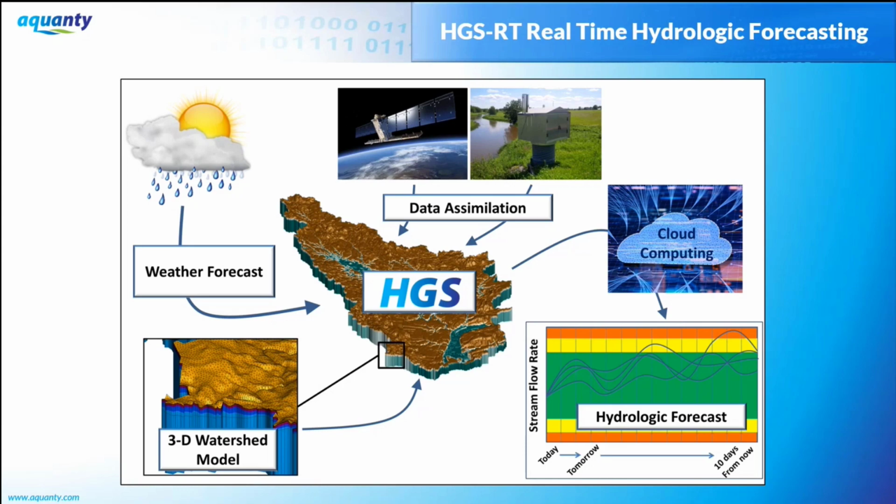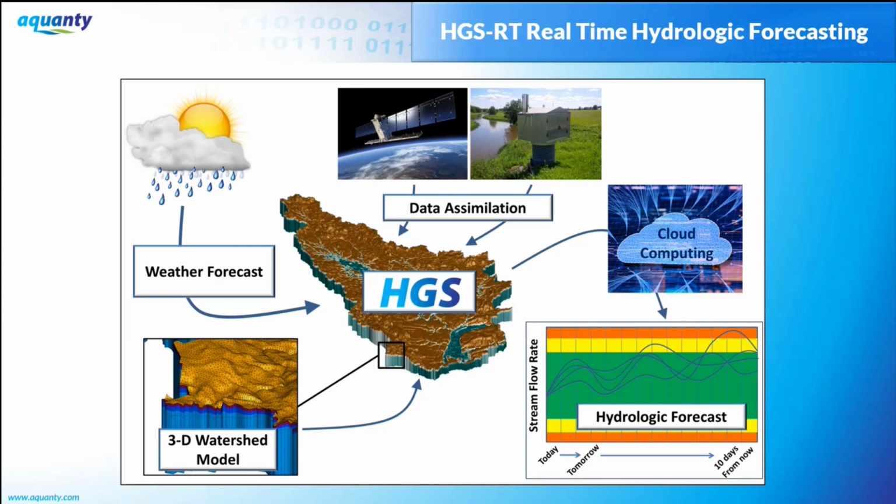So at the heart is a HydroGeoSphere model of a watershed or a basin, for example. We have weather forecasts coming in as feeds. We don't just use one weather forecast, we use an ensemble, because then you can get from an ensemble of weather forecasts, which are uncertain, some idea of the uncertainty in our hydrologic forecast. So HydroGeoSphere is embedded in there.